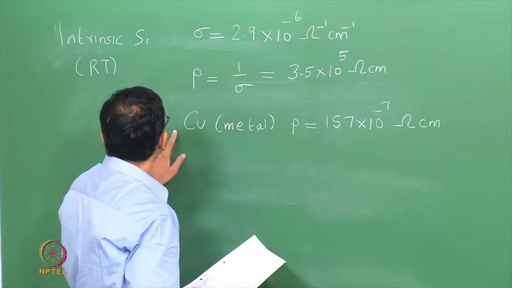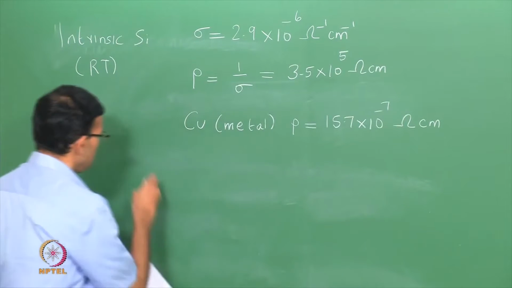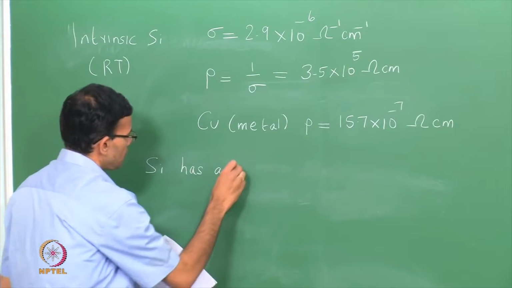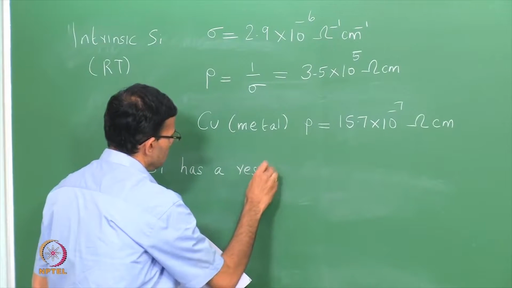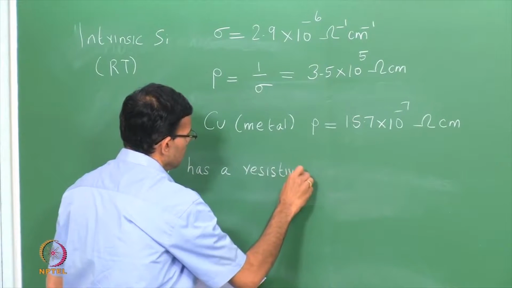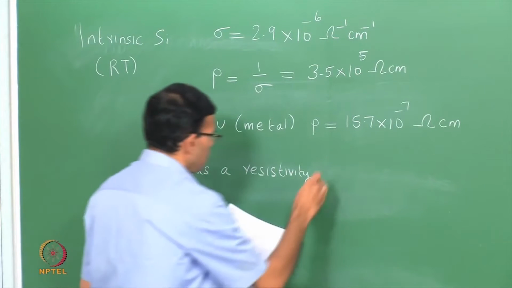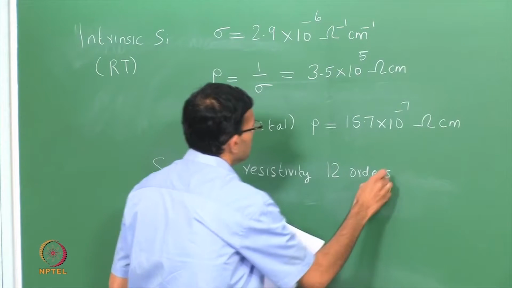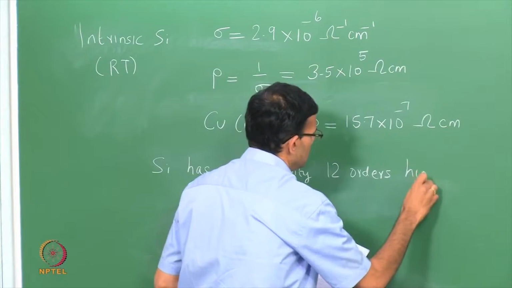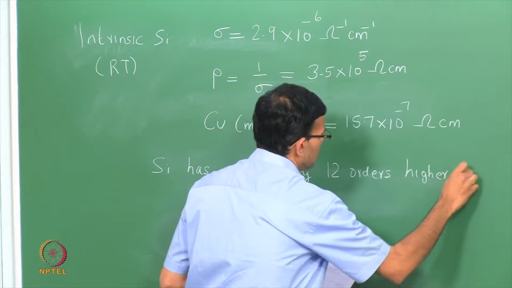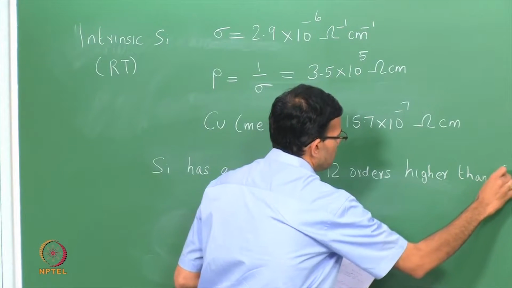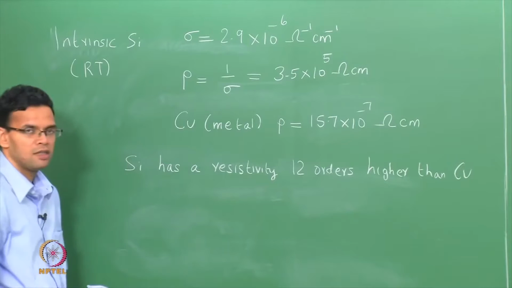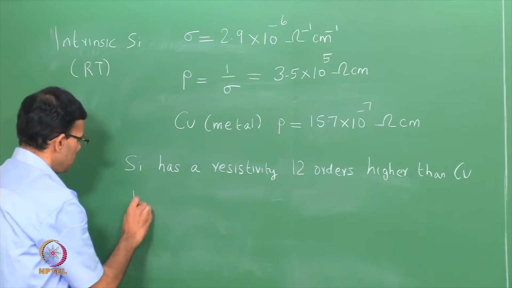So, comparing copper and silicon, silicon has a resistivity orders higher than copper. So, this makes intrinsic silicon a very poor conductor.